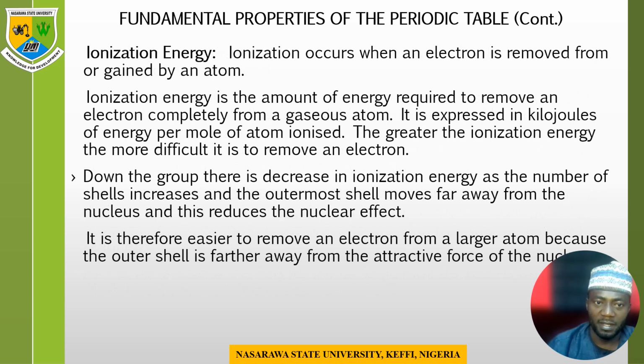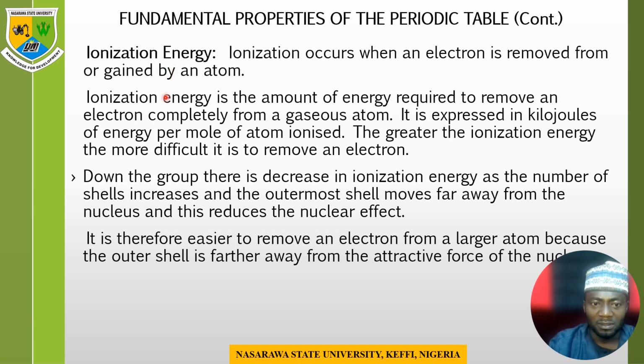Now ionization energy is the next property of elements that shows periodicity. Now ionization occurs when an electron is removed from an atom, or an electron is gained by an atom.